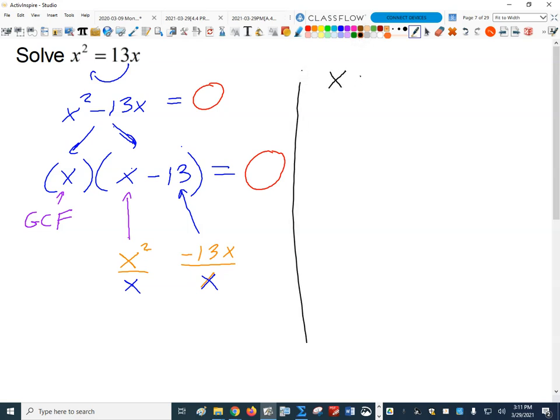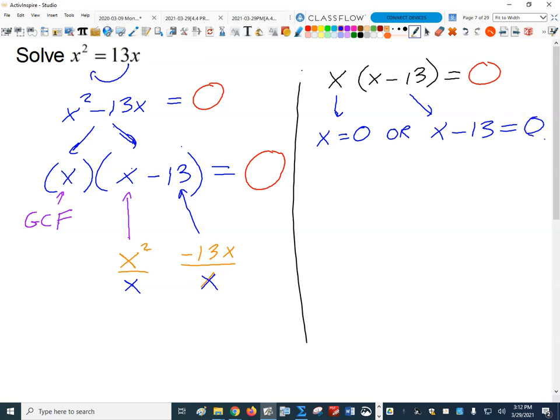So if I have x times the quantity x minus 13 equals 0, well, by the zero product property, the only way that that factor times that factor can equal 0 is if one of two things is going on. Either the first factor, x, has to equal 0, or the second factor, x minus 13, has to equal 0.